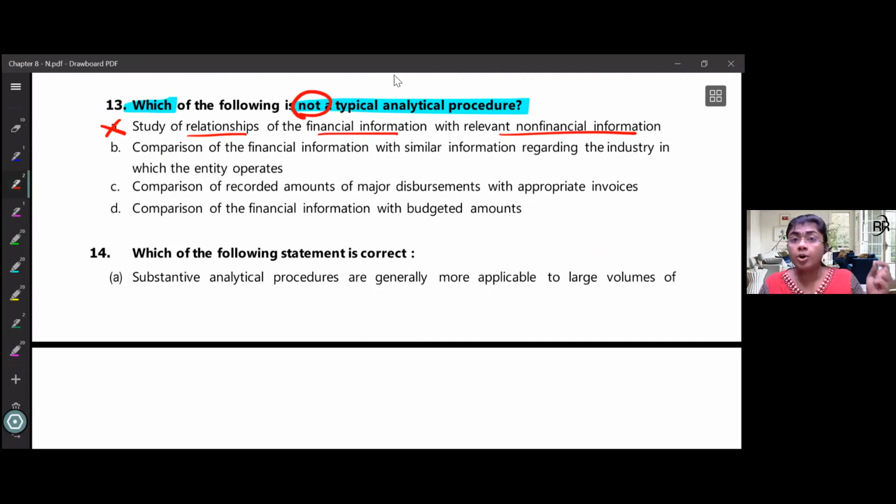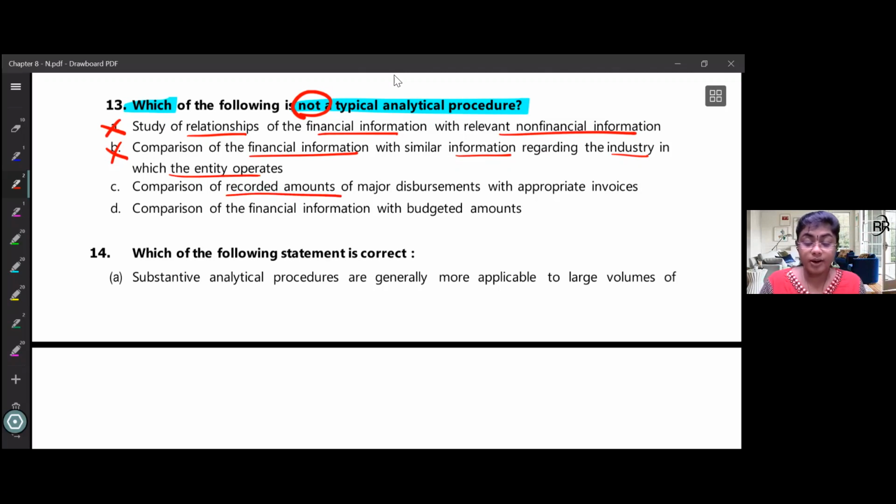They want the option which is not analytical procedure. Comparison of financial information with information regarding the industry in which it operates. Industry comparison is also analytical procedure.